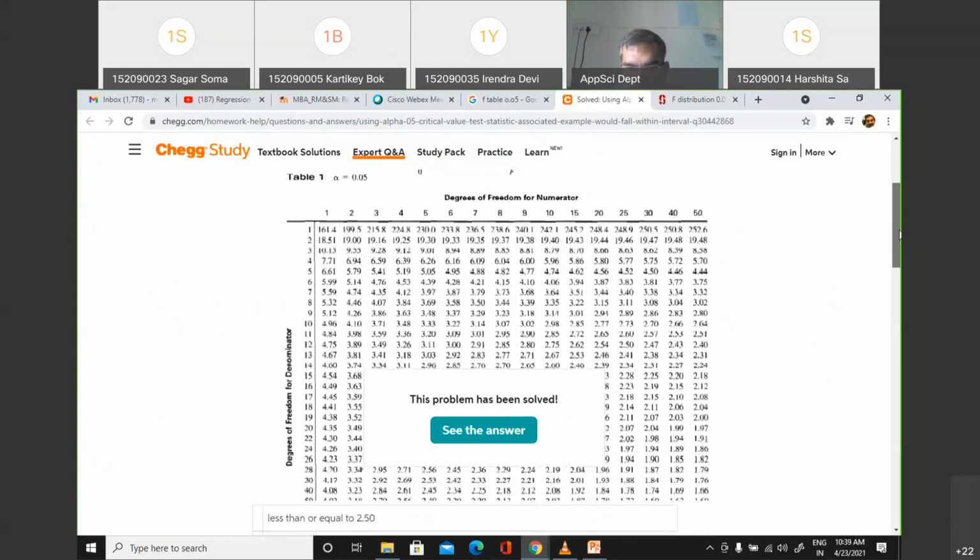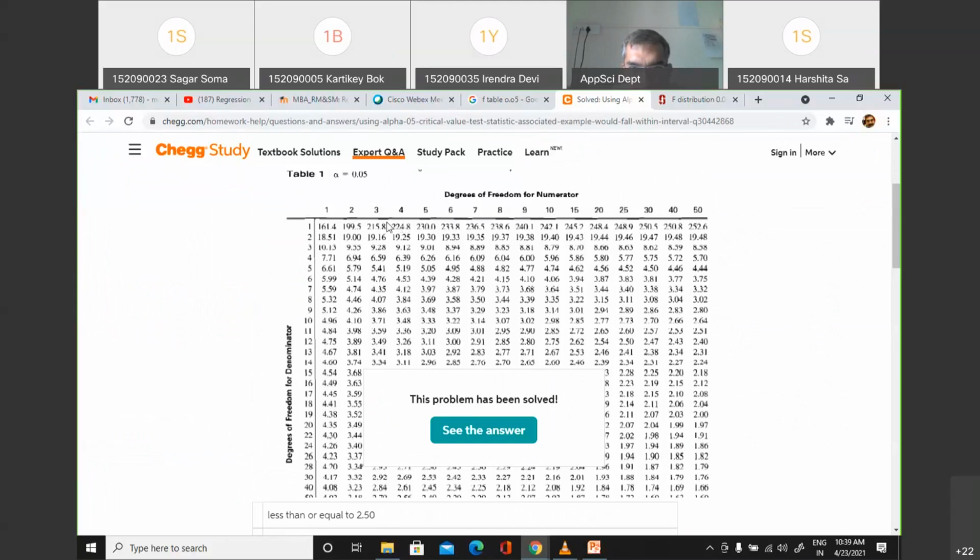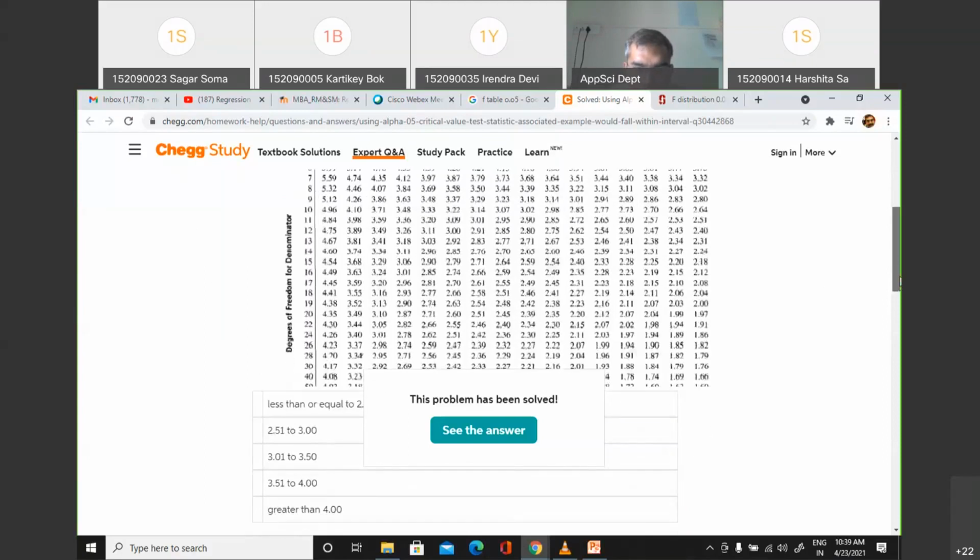Okay, there is some ad showing up, but it's okay. The degrees of freedom of the numerator are on this axis, the columns. The degrees of freedom of the denominator are the rows. Here we have 3 degrees of freedom and 21 degrees of freedom in the denominator. Wow, 21 is conveniently missing.